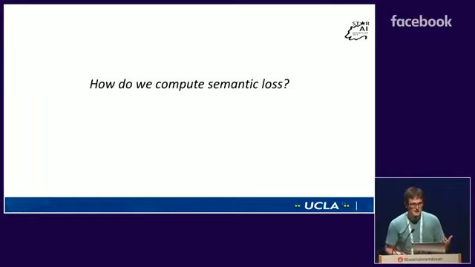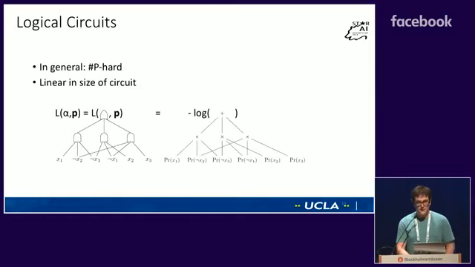Okay, so this is nice. But as I mentioned, we sometimes have to do some difficult manipulation with logic. How do we compute this semantic loss? And furthermore, how do we compute the derivatives? Because we're doing deep learning, we're going to need those to do backpropagation. So it turns out that in general, this problem is #P-hard, which is not that surprising since we're dealing with logic.